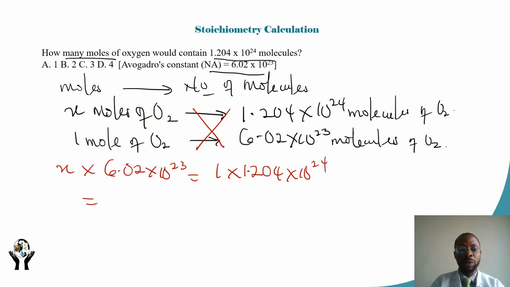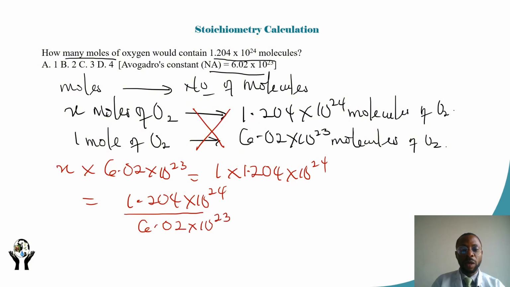So with that, your x will be 1.204 times 10 to the power 24 over 6.02 times 10 to the power 23. And when you do that, your x should give you 2 moles. So 2 moles of oxygen would contain 1.204 times 10 to the power 24 molecules of that particular gas.